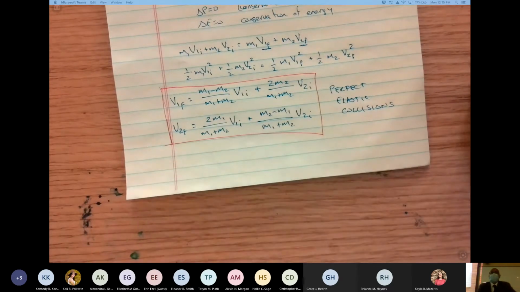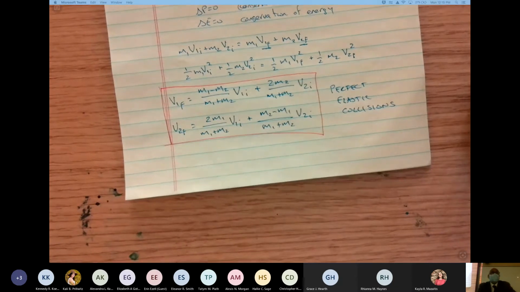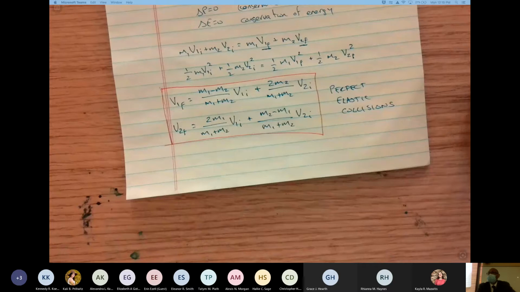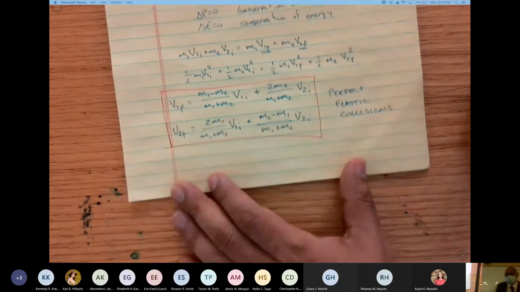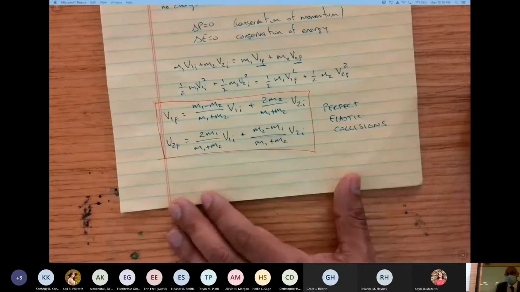Okay, I'll give you a couple of minutes to write down the equation. Make sure that you have the subindices correct. When everybody's done copying the equation, I will bring down the page.